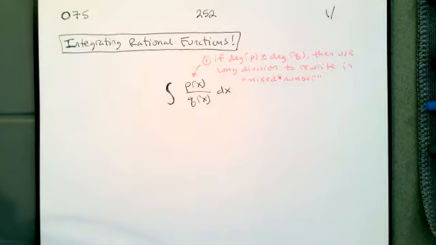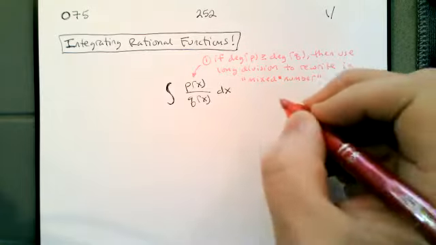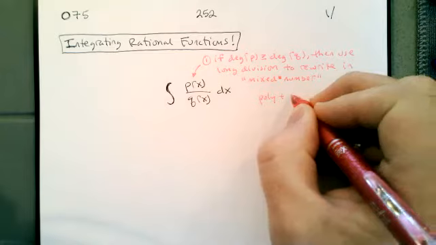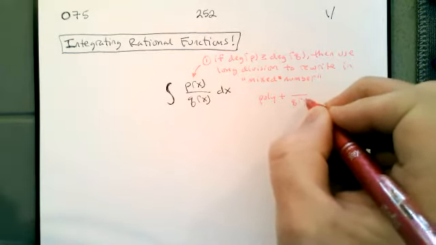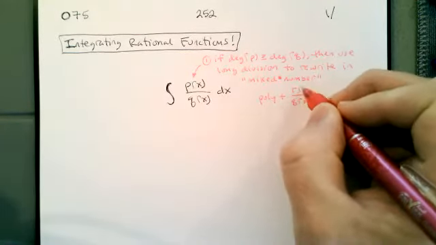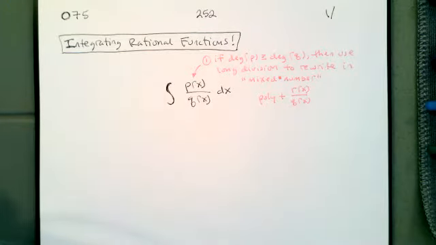So there will be a polynomial plus another fraction. And in that fraction, the numerator will be less than the denominator. So you'll get a polynomial plus a fraction where q of x is still q of x, but the numerator will be less. I'm going to call it r of x for remainder.